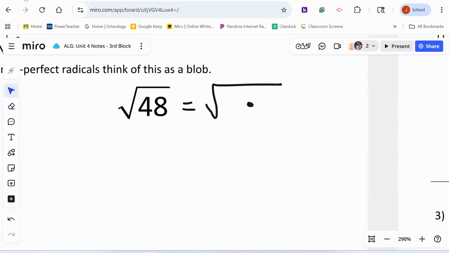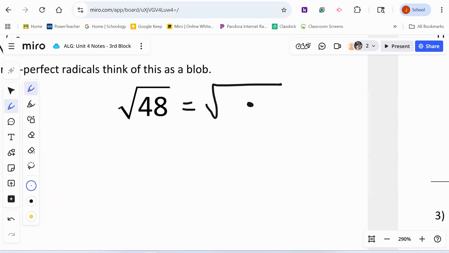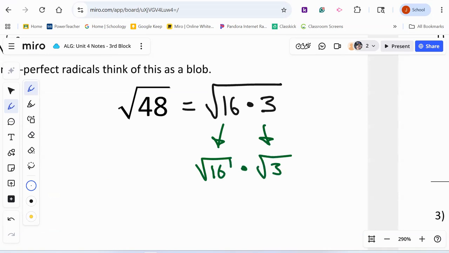Now, my advice to you is to always use the largest perfect square. So if we rewrite 48 to be 16 times 3, then we can split the square root of 48 into the square root of 16 and the square root of 3.